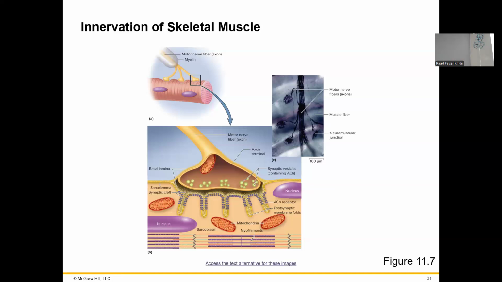So the issue here is that you're supposed to have acetylcholine coming out of these vesicles, binding these blue receptors, and when they bind the blue receptors, the calcium is going to bind. Remember, the red actin is going to cause the contraction. Then you contract. When you move, you contract your muscles.